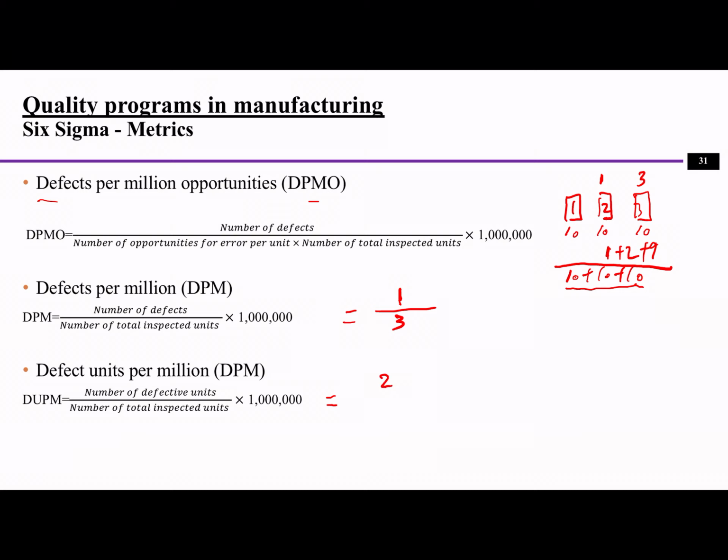Only 2 and 3 got problems. And then number of total inspected units, 3. So this is how we calculate defect units per million. And make sure every time you calculate this, you need to do times 1 million. Okay, you got a number. So this is how you calculate the 3 metrics.